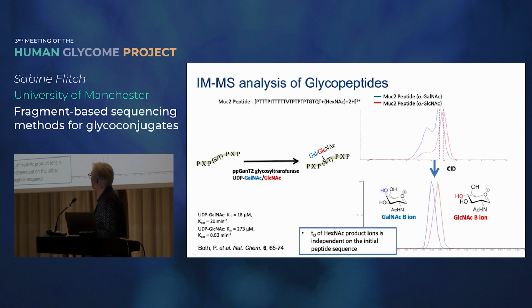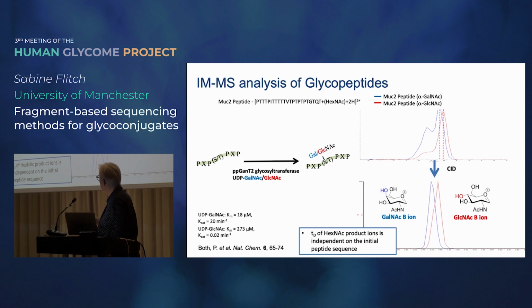So the question is, if you fragment this peptide, with collision-induced fragmentation for example, in the mass spectrometer, you generate your ions, your oxonium ions here. Could you then, after fragmentation, do ion mobility and separate these two ions? That would be obviously a much more universal method because you could use this for any glycopeptide. It's independent of the sequence.